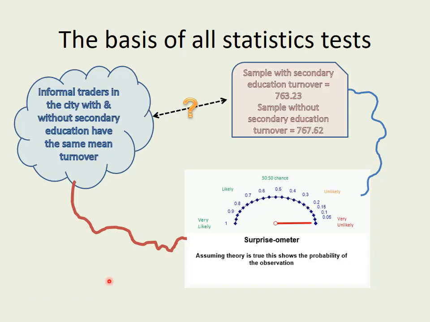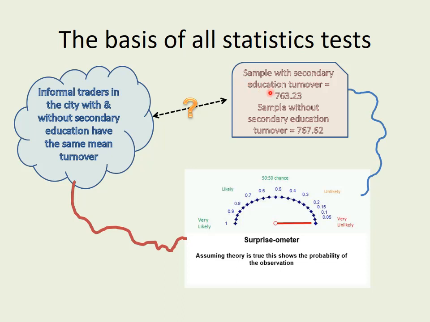But then the second example, the theory about the world is that in this whole city, all the informal traders without and with secondary education have the same mean turnover. So the means of those two groups are the same if I take all those thousands of traders. If that is true, how likely is this observation which we had, which was we sampled about 300 in one group and 100 in another group.